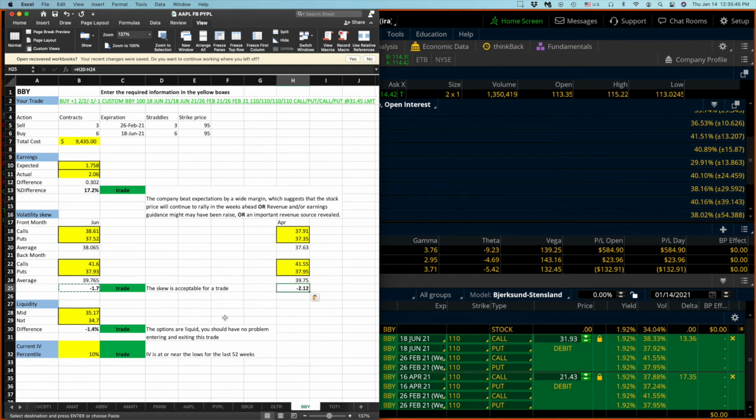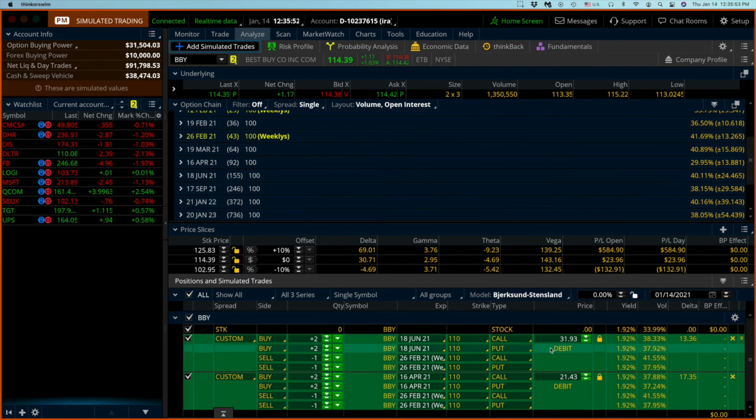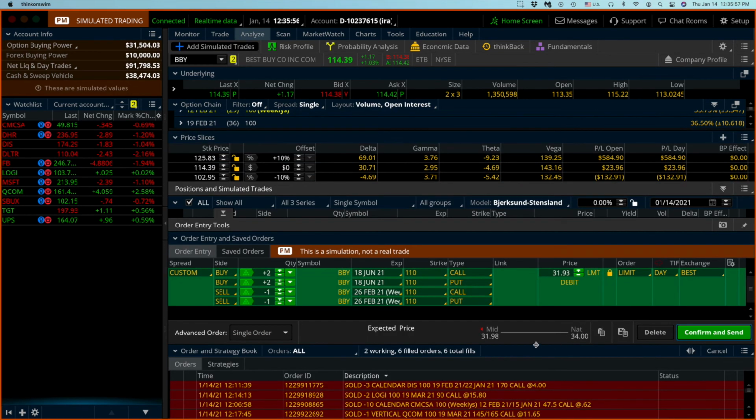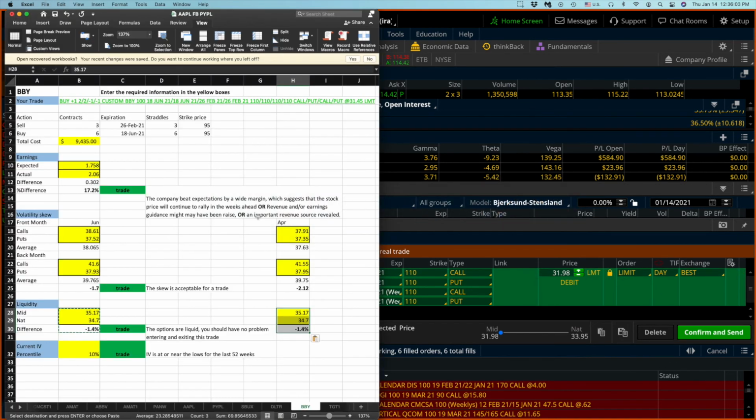Then let's see which one is the better liquidity one. Okay, first the June one, create duplicate. I don't need to tell you that probably the June is the less good liquidity. Okay, so mid is 31.98, natural is 33.95.